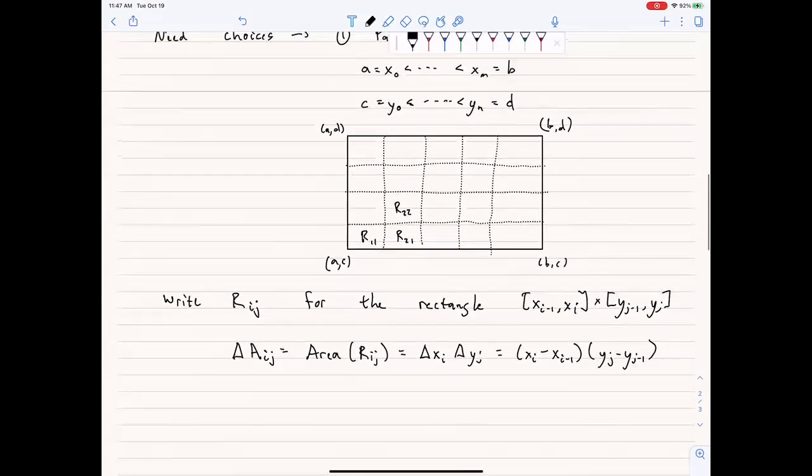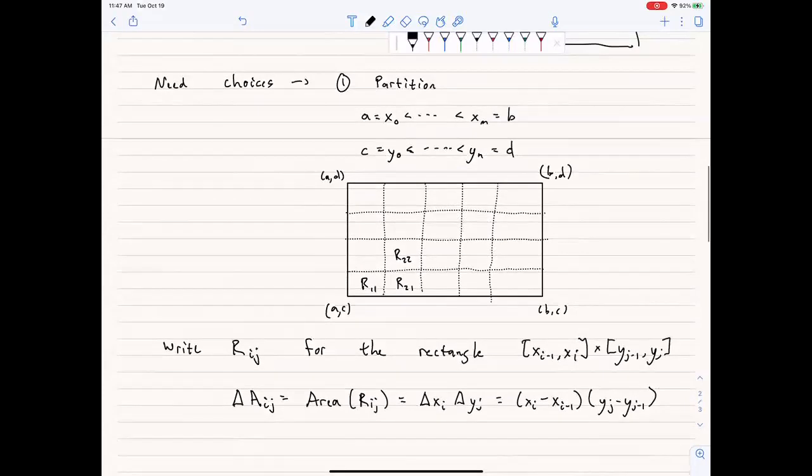And now, as I said, the notation gets a little more cumbersome. We have to make more choices, but it's the same idea. We're taking our rectangle and breaking it up into a bunch of little rectangles. And now we need another collection of choices. Just like in the case of one variable where we needed to choose, as this gentleman said, the height of our rectangles, now we're going to need the height of our rectangular boxes. And for that, we need to choose sample points inside of each of the rectangles.